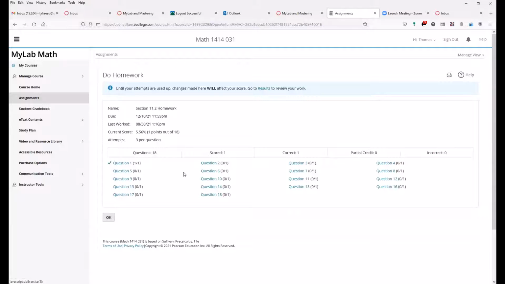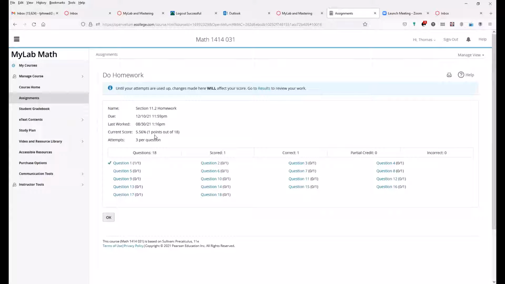Some of these problems have multiple steps. And so if you have 3 steps, and I only completed 1, then it would say 1 out of 3. Or 0.3 out of 1, or 0.6 out of 1, or something like that. I don't remember exactly how they do it, but there's 18 problems, so it's a total of 18 points.